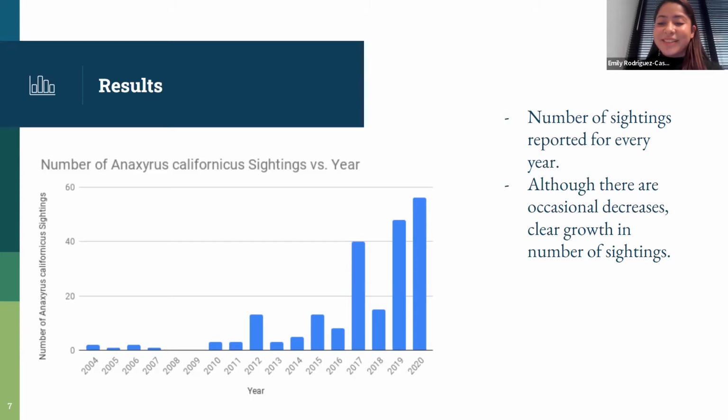And then from 2016 to 2017, there was a 400% increase in the number of sightings. So this was a huge increase.